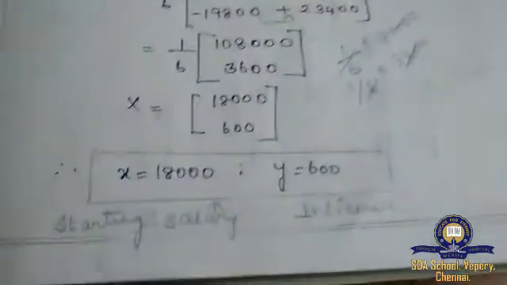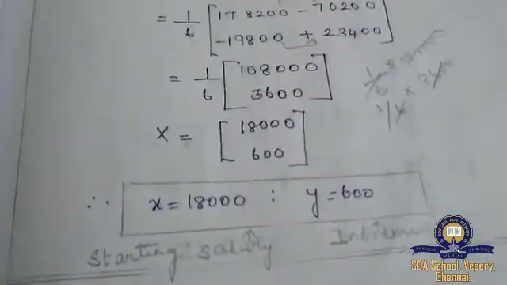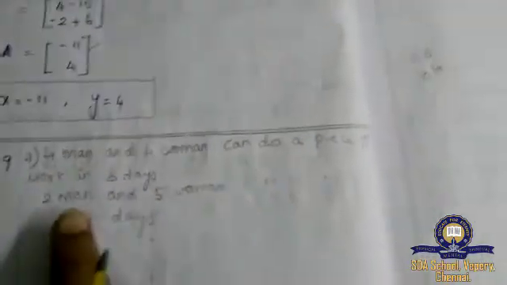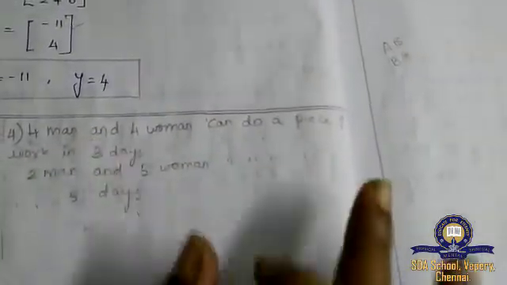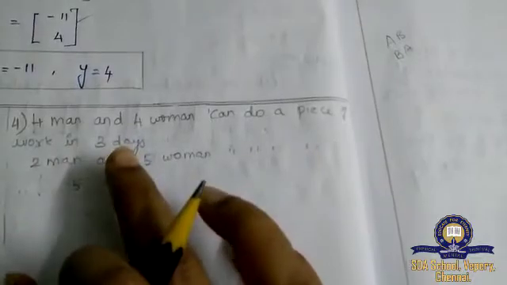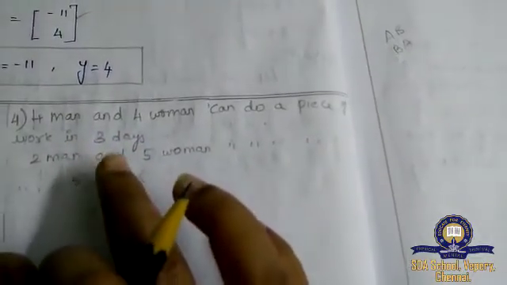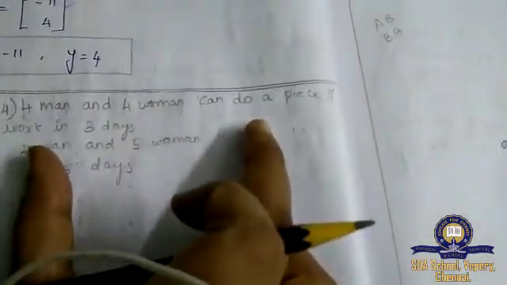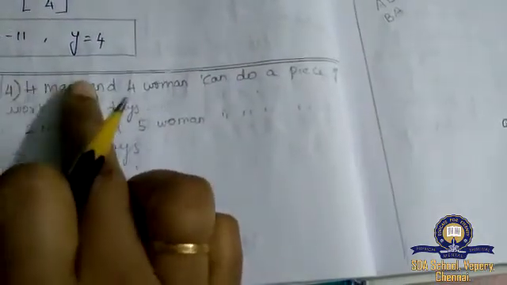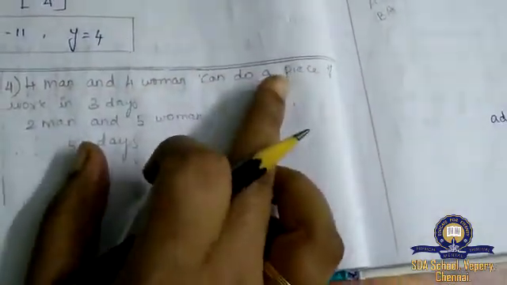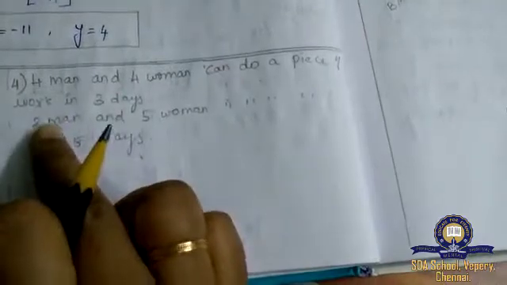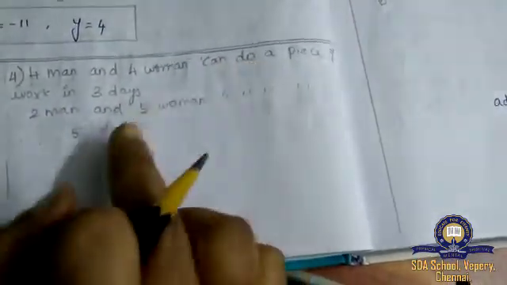So you'll be having two more sums, that is the fourth and fifth sum. And see, for your fourth sum I've written only the data because I'm going to write this is your fourth sum. And see your question, you can check with the book, children. You should download the book from the net. I've written only a rough part here. 4 men and 4 women can do a piece of work in 3 days, and 2 men and 5 women can do a piece of work in 5 days.